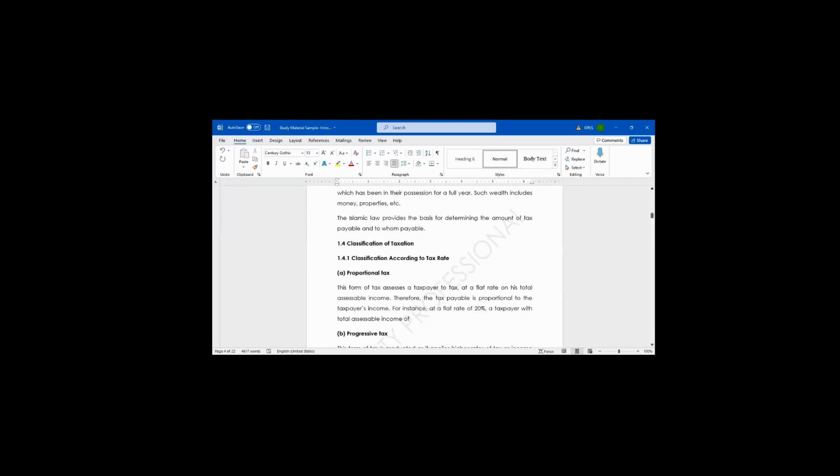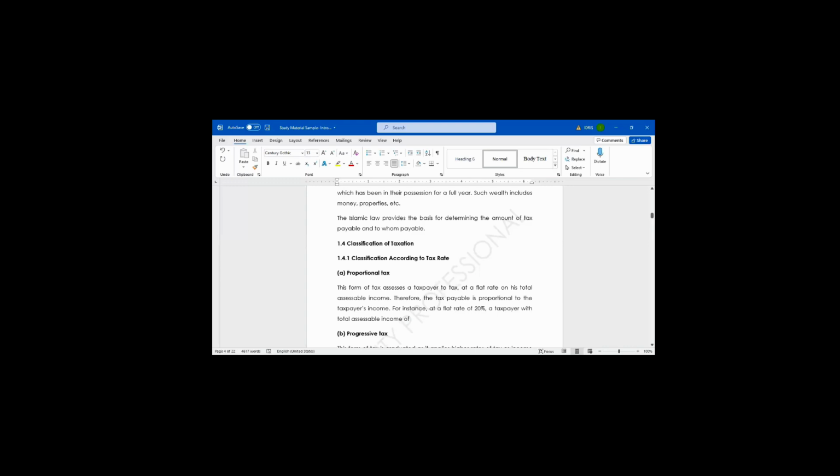Under the classification according to tax rate, we have three types of tax: progressive tax, regressive tax, and proportional tax.